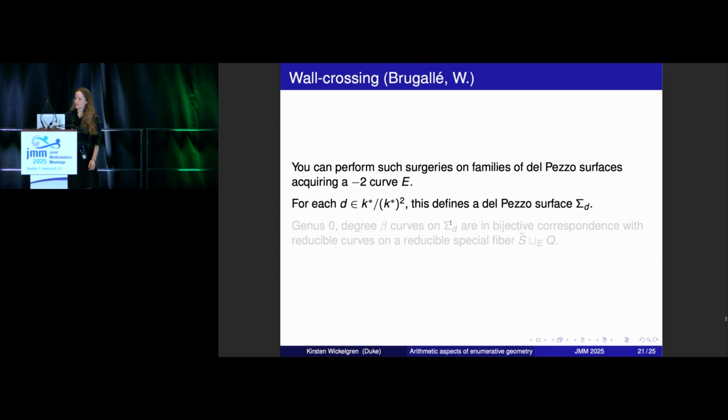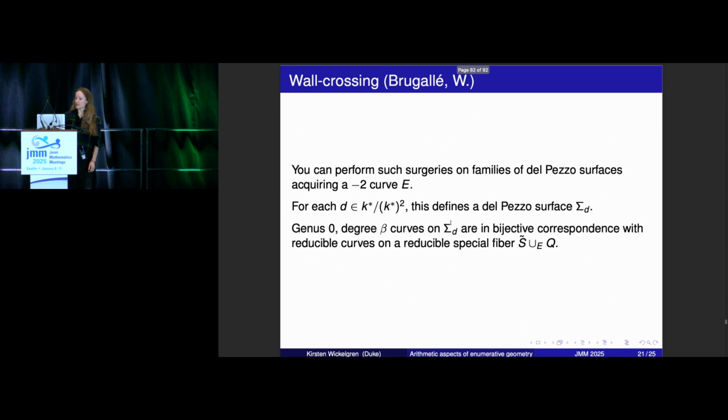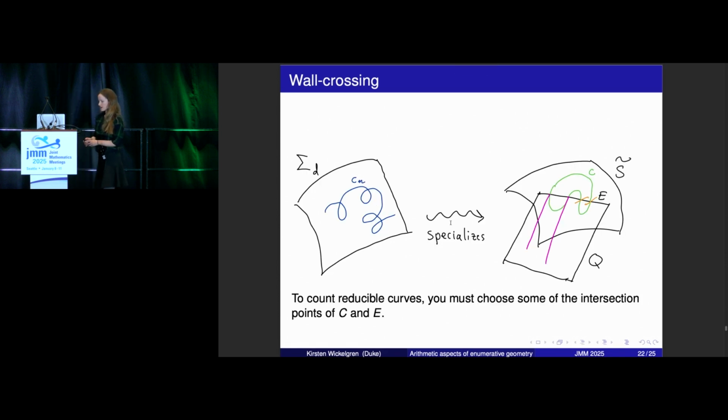And it's a result of deformation theory that when you want to count the genus 0 degree B curves on sigma d, they're in bijective correspondence with curves that are now reduced into a whole lot of components on a special fiber of this family, which is a del Pezzo S twiddle with a minus 2 curve E, plus the quadrics that we were looking at with varying discriminants. So D is going to be the discriminant of this quadric. So that's deformation theory.